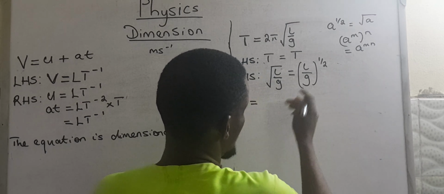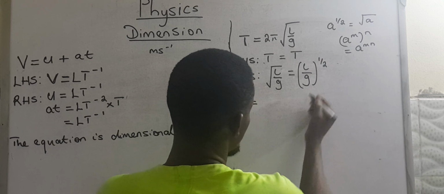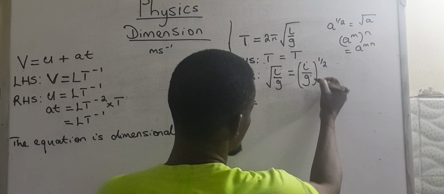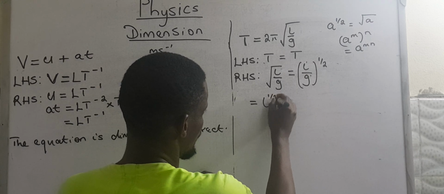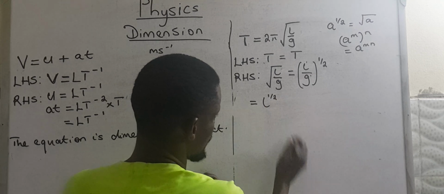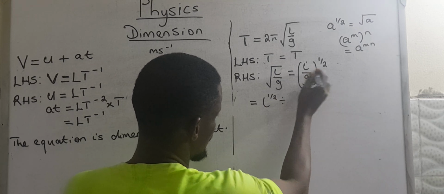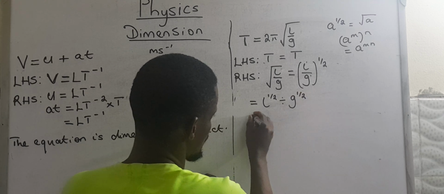So the power outside multiplies the power inside. What is the power here? The power here is 1. So I have L to the power 1 over 2, divided by g to the power 1 over 2.